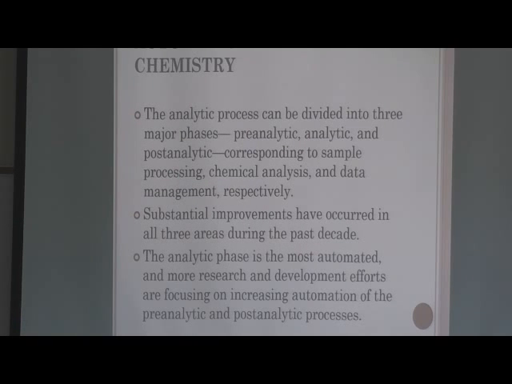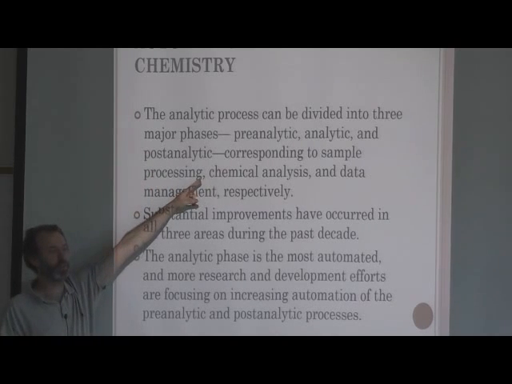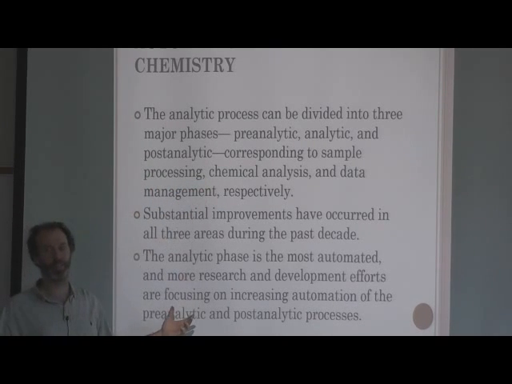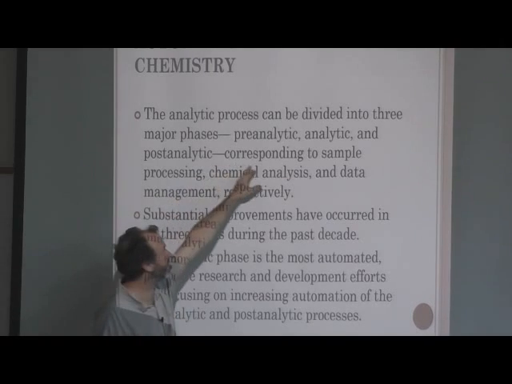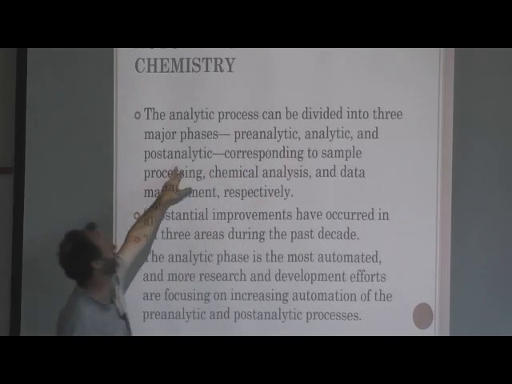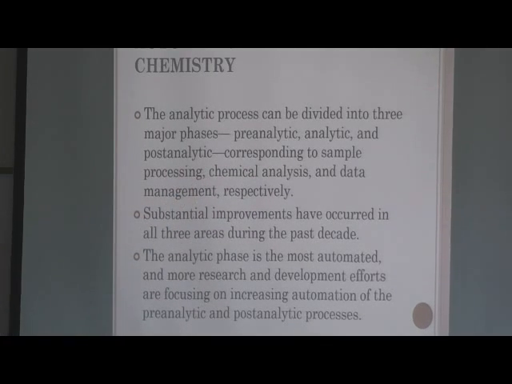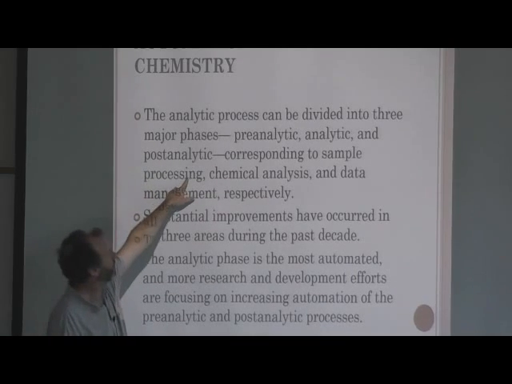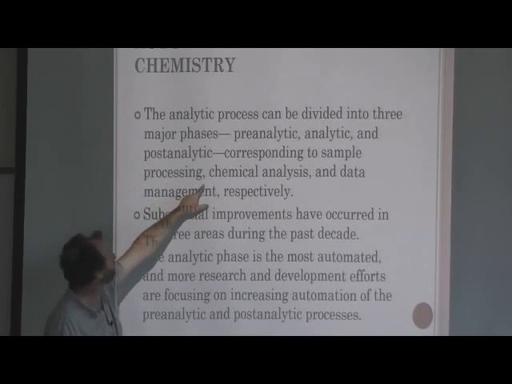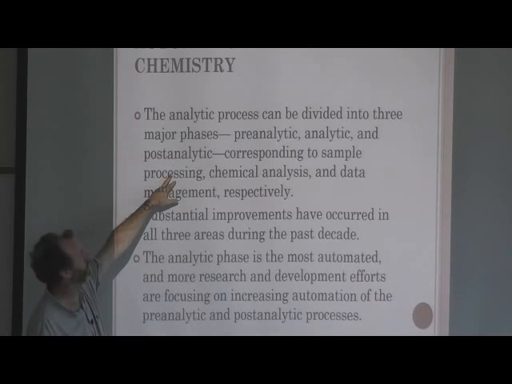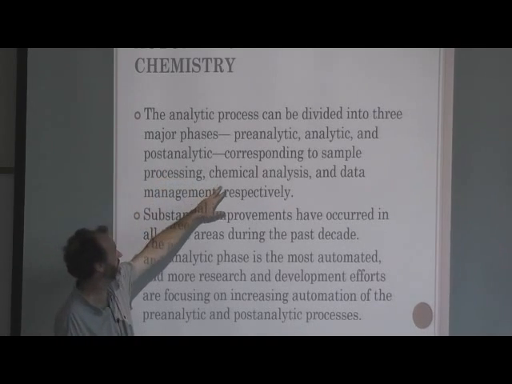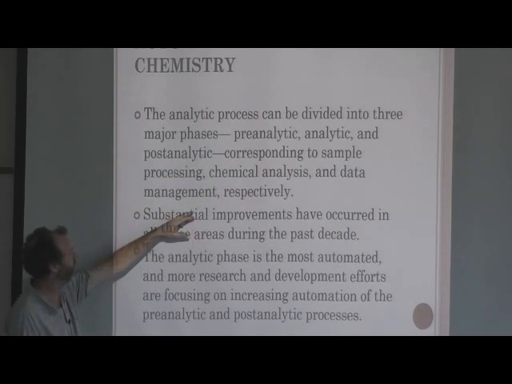So the analytical process is divided into three major phases: your pre-analytical phase, and we talked about variations that we can observe in that pre-analytical phase, your analytic phase, and your post-analytic. So which phase are we talking about automating right now, do you believe? Analytic? Yeah, the analytic phase for the most part. Pre-analytic corresponds to sample processing, analytical to chemical analysis, and post-analytical to data management, respectively.